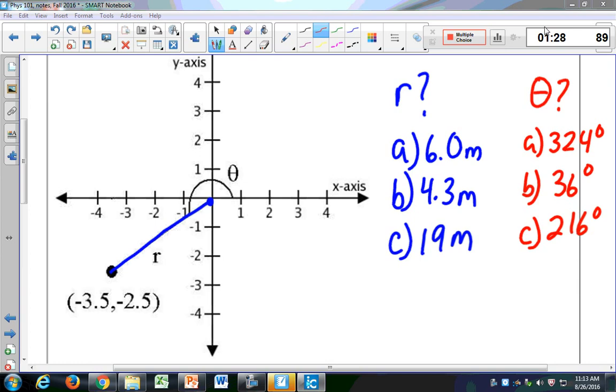If you found R, go ahead and lock it in. I'm going to stop in about 8 seconds. I'll stop it at 140, see what you got.